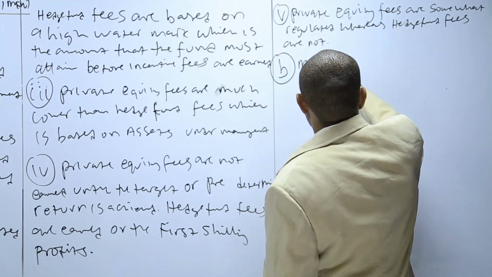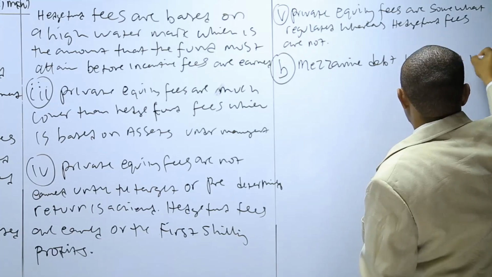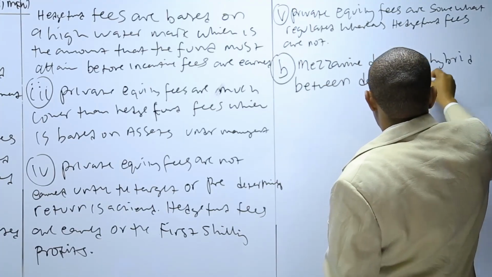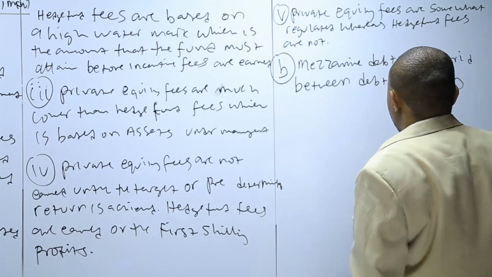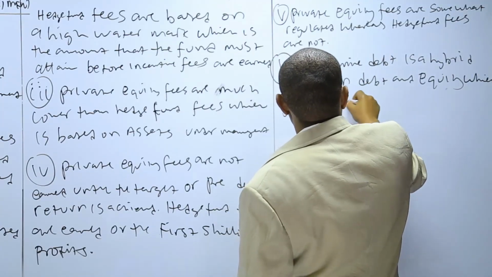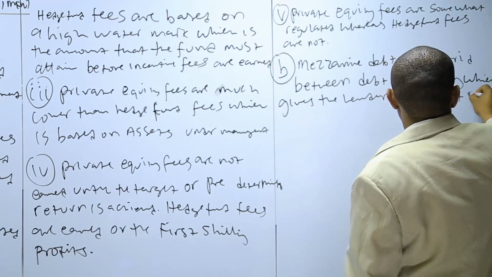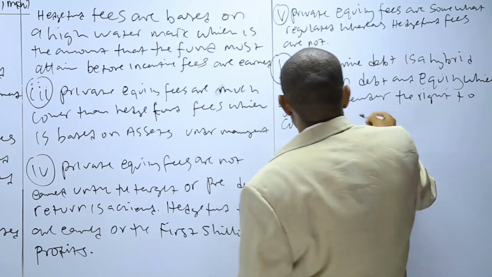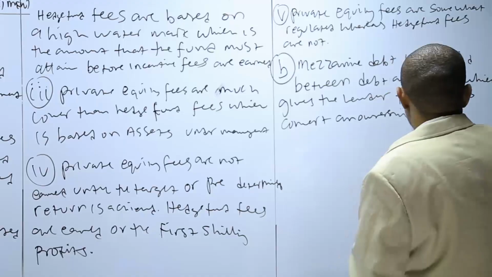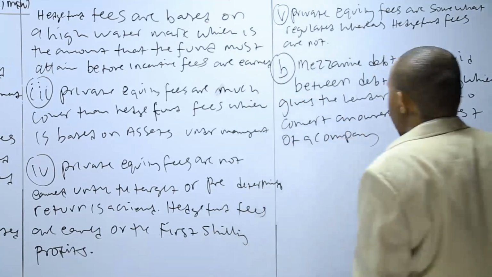Mezzanine debt is a hybrid between debt and equity, which gives the lender the right to convert an ownership interest of a company in case of default.